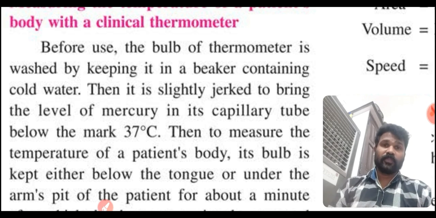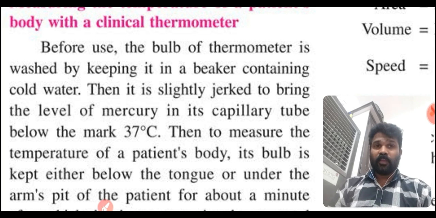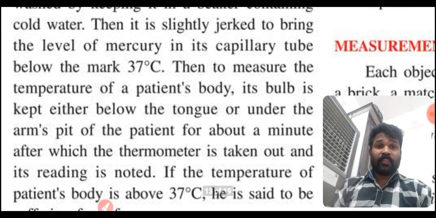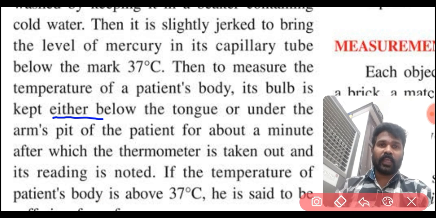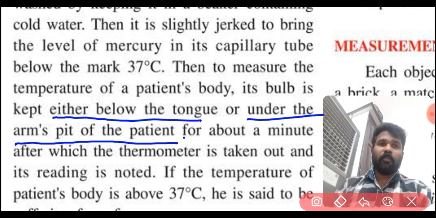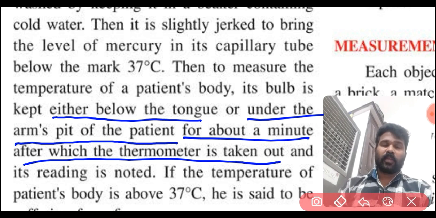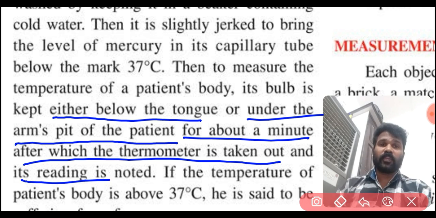Just jerk. For what? To arrange the level of the mercury. Clear? Then to measure the temperature of a patient's body, its bulb is kept either below the tongue or under the armpit of the patient for about a minute, after which the thermometer is taken out and its reading is noted.